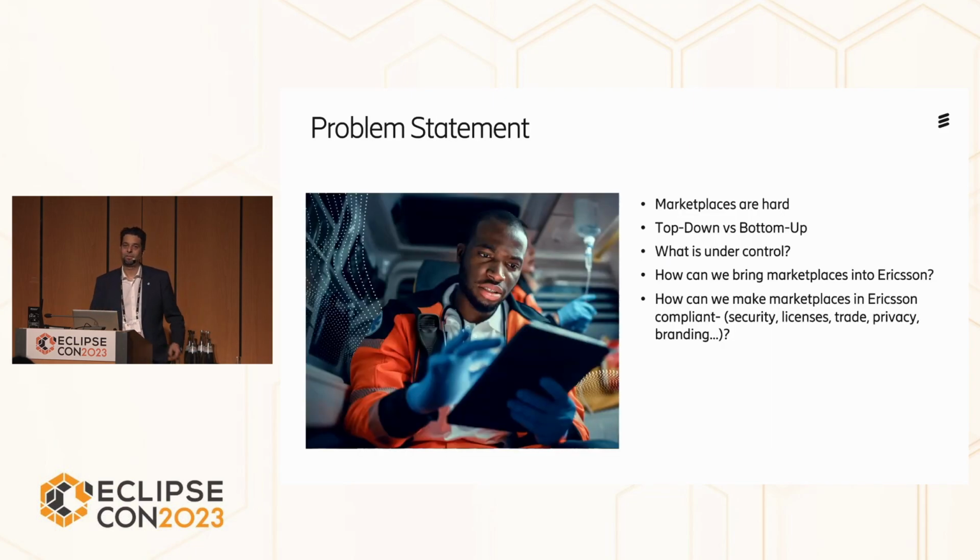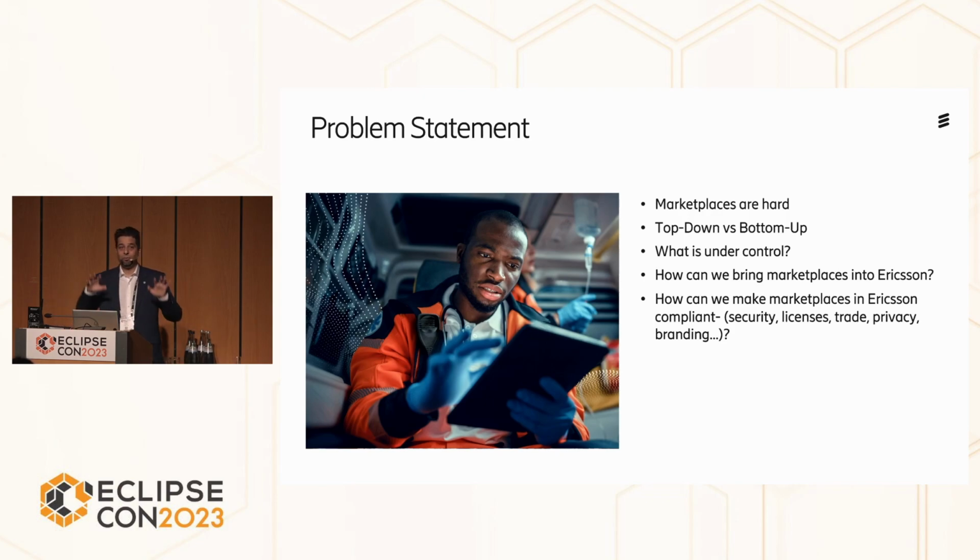So now, from Ericsson's perspective, marketplaces are hard. Not for the code. The code is hard, and it was great work that was done. But when you make a marketplace, you're basically telling a bunch of people, hey, come over here and give us your stuff. Are we making a cathedral or a bazaar? Are we letting everyone do whatever they want?